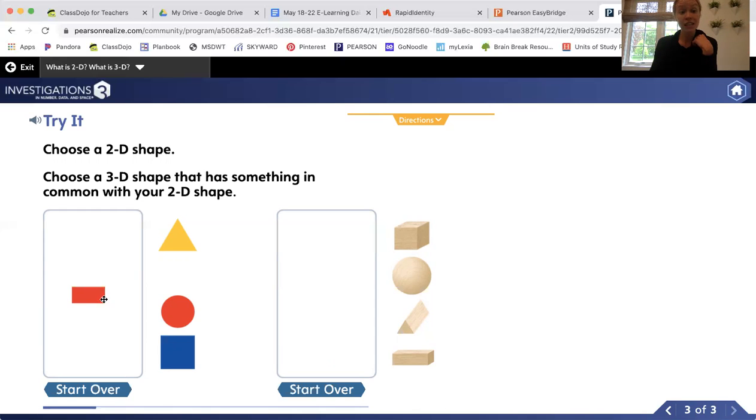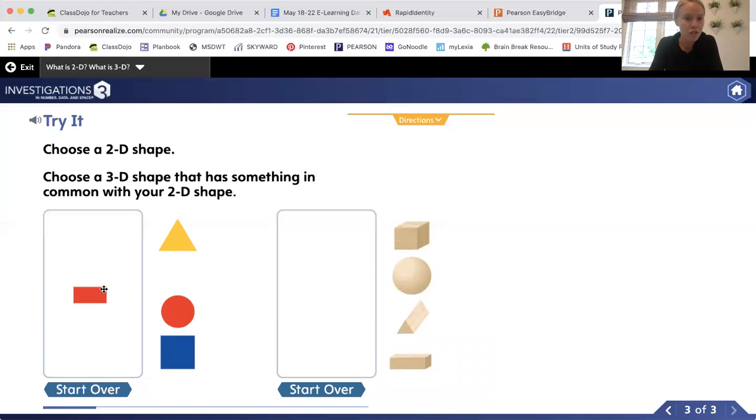And then we see the sides here on the left and the right, those are smaller. So we know that this shape is a rectangle. So over here, I'm going to look at these shapes, and it looks like this shape here looks really similar to that 2D shape of a rectangle. So I think this 3D shape over here matches. That kind of looks like a shoebox to me.